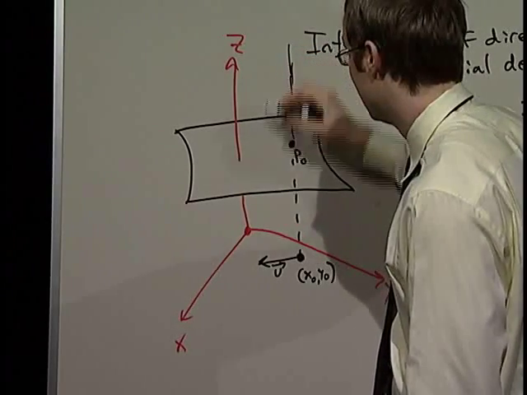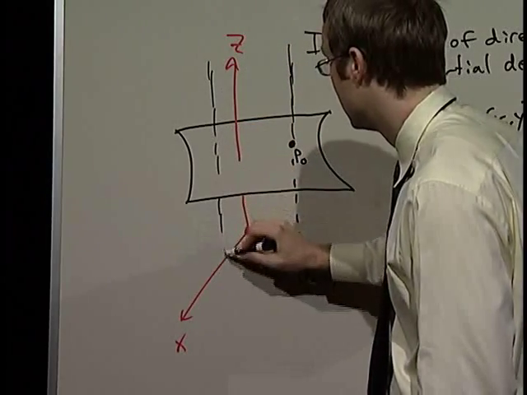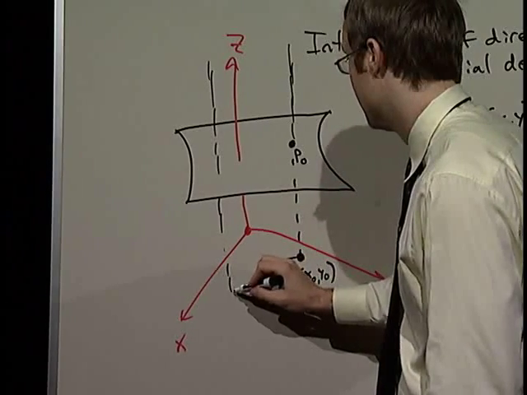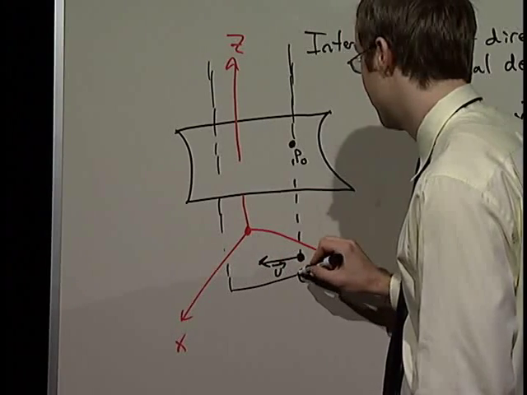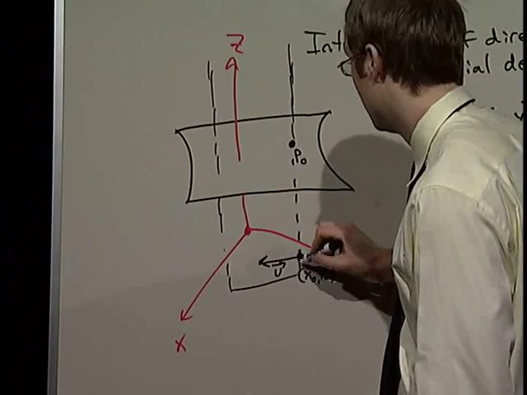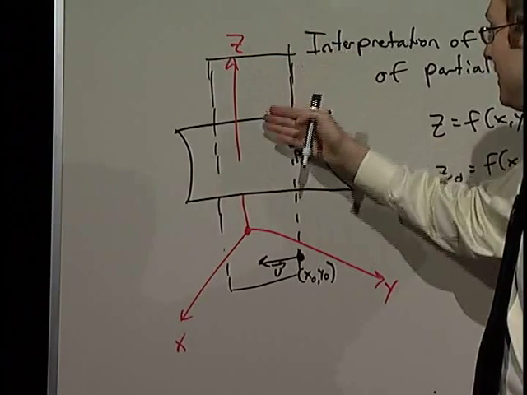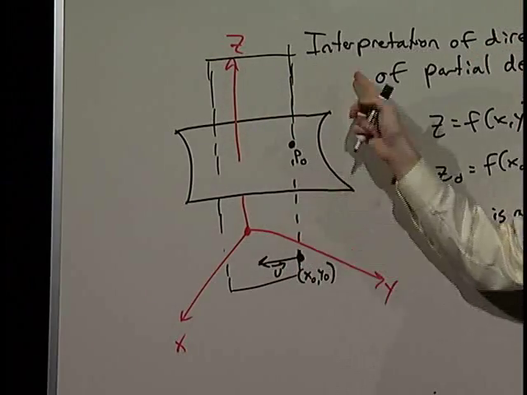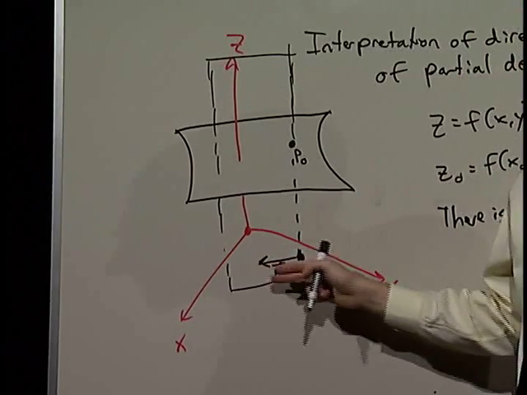Maybe your vertical plane, which is parallel to the z-axis, and it's parallel to u. So there's a plane, and it's cutting through the surface, right? And it's parallel to the z-axis on one side of it because it's a vertical plane, and it's parallel to u on the other side of the plane, right?